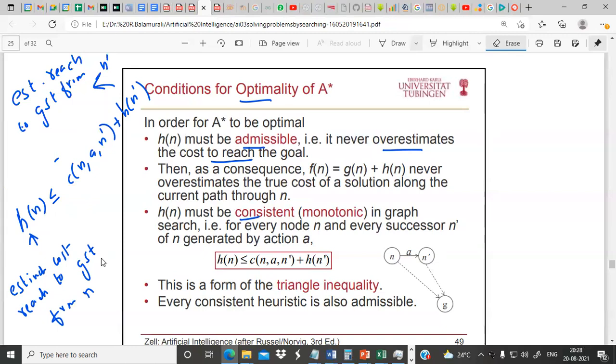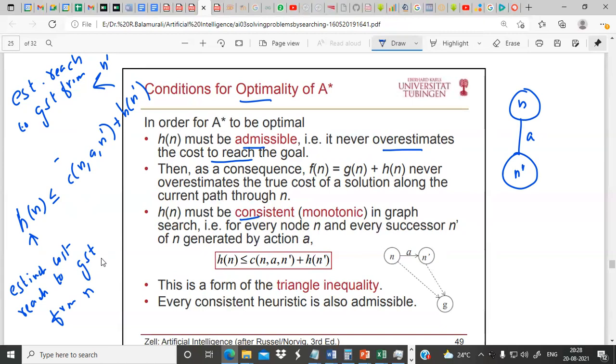So there is a node or state n. And what is n dash? n dash is a successor of n, and the agent can move from the state n to n dash by performing an operation or an action A. So that is what it says.